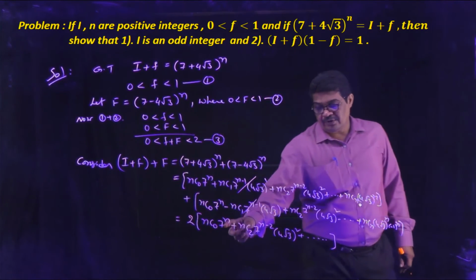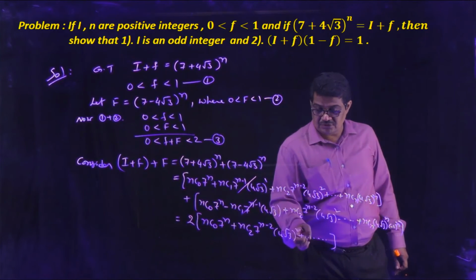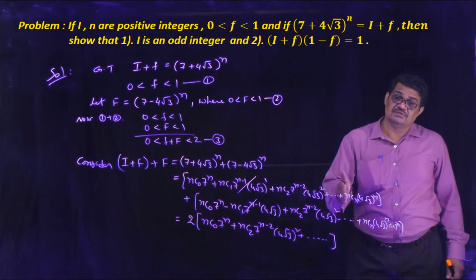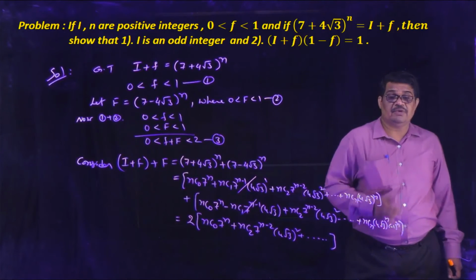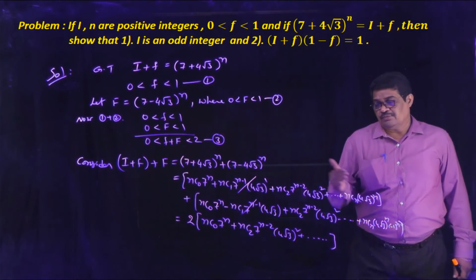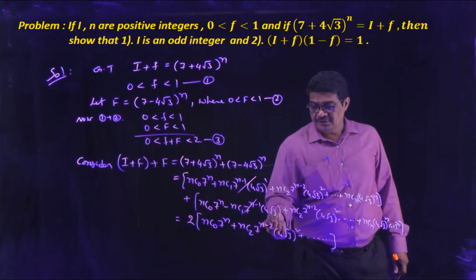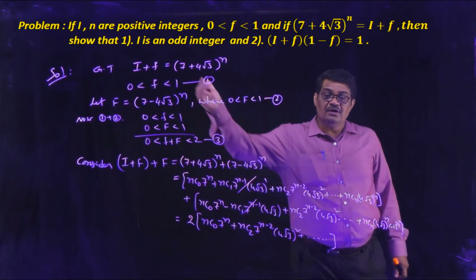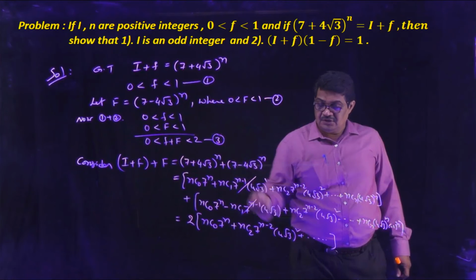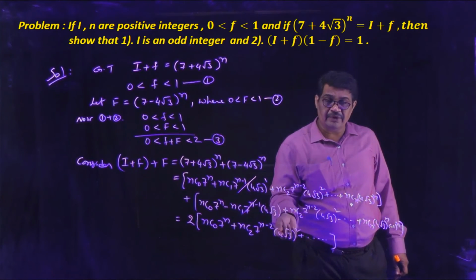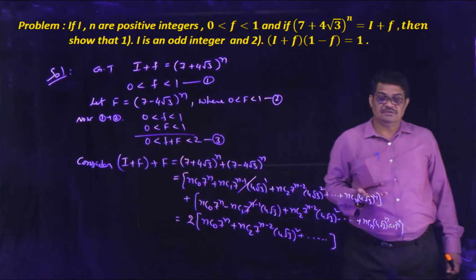Here 7^n, 7^(n minus 2), 7^(n minus 4) and 7^(n minus 6): these powers are all even numbers. Here n is a positive integer, and n minus 2 and n minus 4 are all even integers.